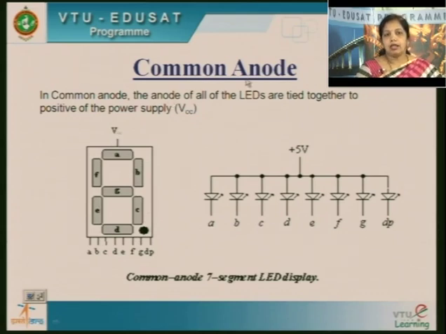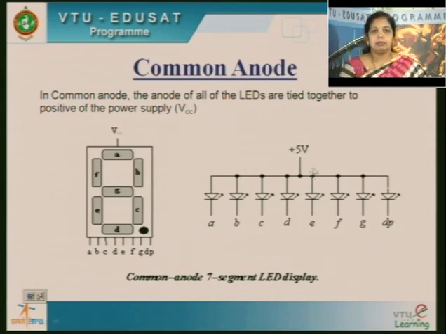In common anode configuration, the anodes of all the LEDs are tied to the positive of the power supply. This is the symbol of LED. Each segment represents one LED, so with 7 segments you will have 7 LEDs.